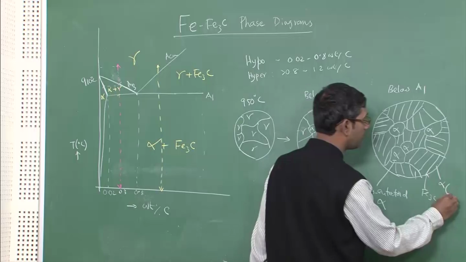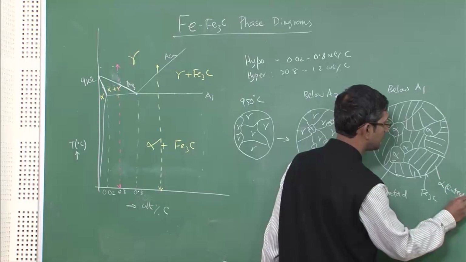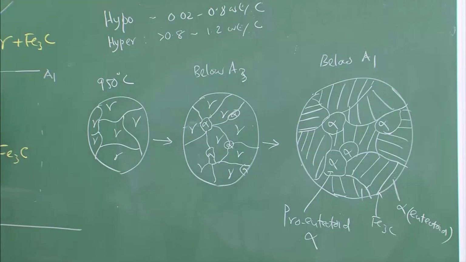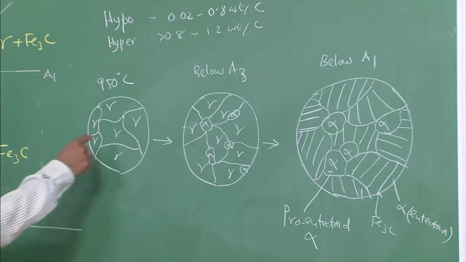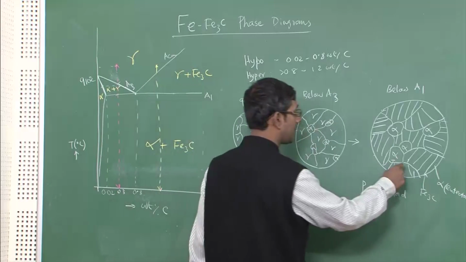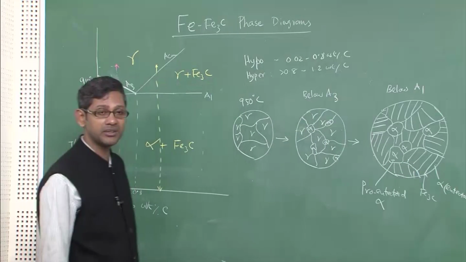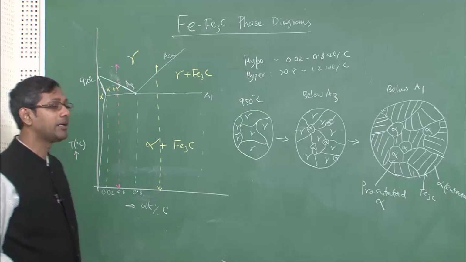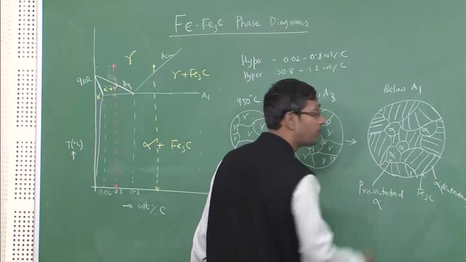So, you can write that down also. These two are formed in different ways. The first one has formed directly from the gamma grain within the grain boundaries of gamma, and the second one is because of the eutectoid transformation. So, the mechanisms of formation of these two are different, but this microstructure is even more wonderful.